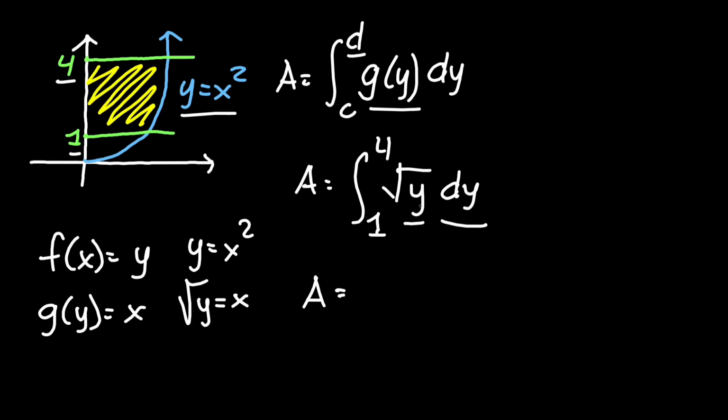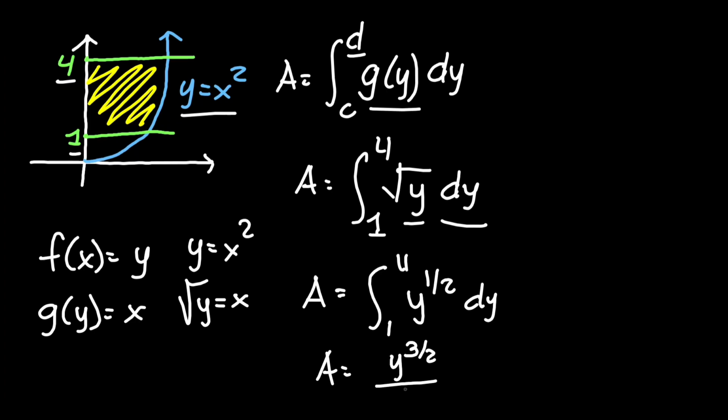And so, in order to integrate this, it would be better to put it in exponential form. Integral of y to the power of 1/2 would be y to the power of 3/2 over 3/2, with the upper limit of 4 and lower limit of 1.